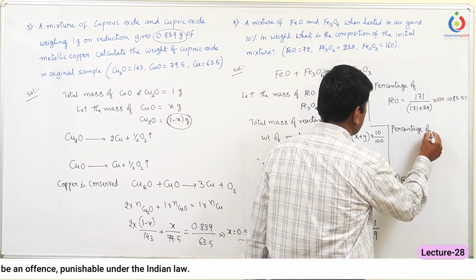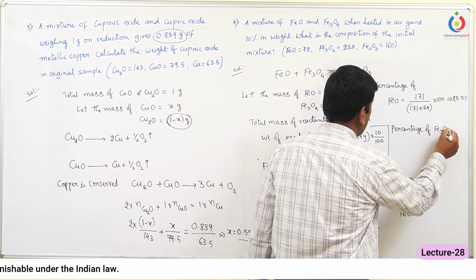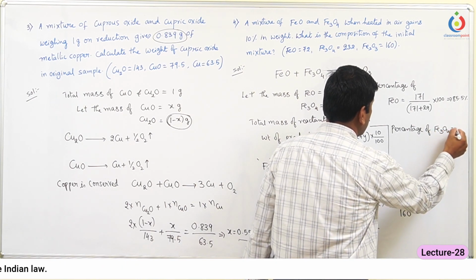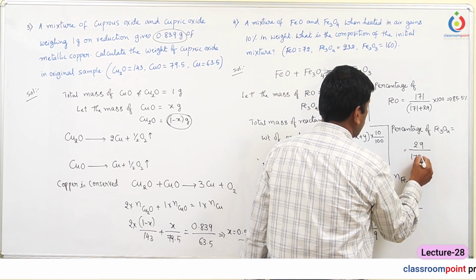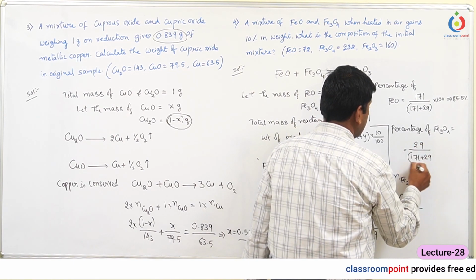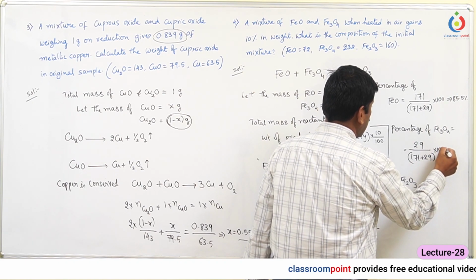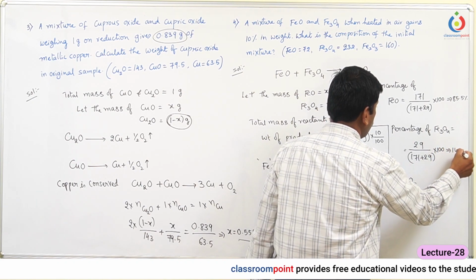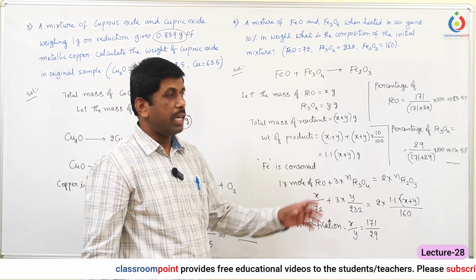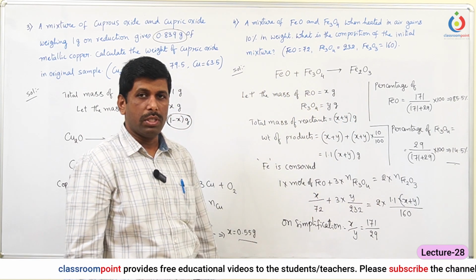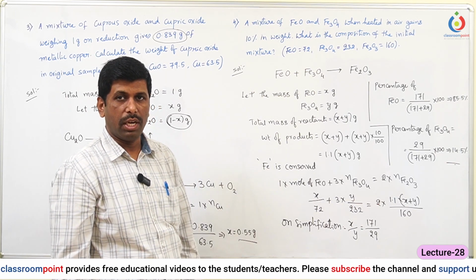Percentage of Fe3O4 is equals to 29 divided by 171 plus 29 into 100, which is 14.5%. So like this we can identify the composition in the original mixture. Let us see some more questions now.